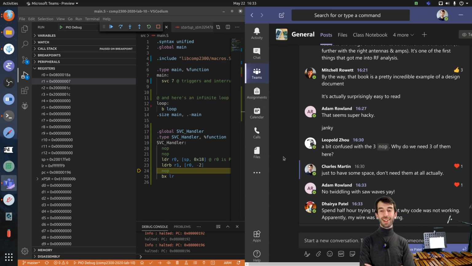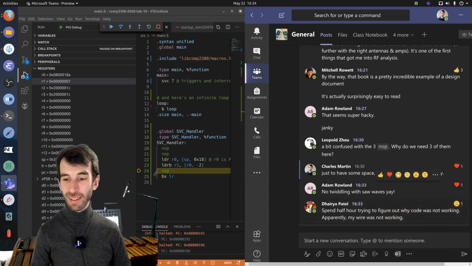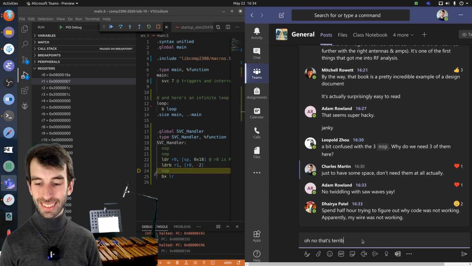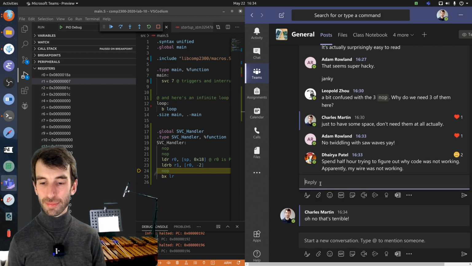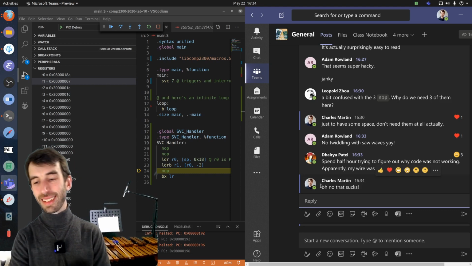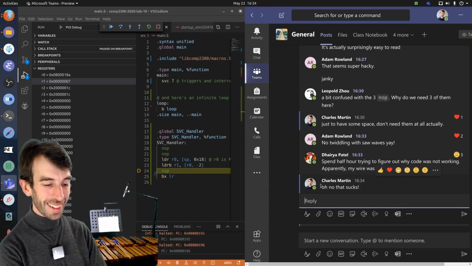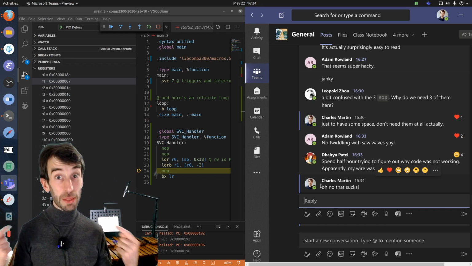Oh no, Daria. Spent half an hour trying to figure out why code wasn't working. Apparently my wire wasn't working. Oh no, that's terrible. Yeah, hardware errors are the bane of a programmer, because sometimes you expect that everything on your computer is working fine, and if something's wrong, it must be your fault.